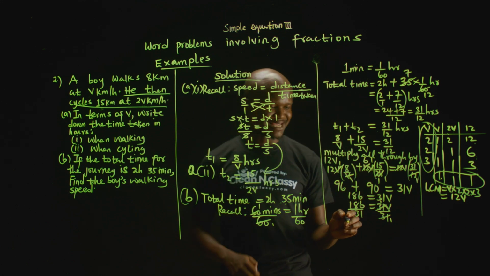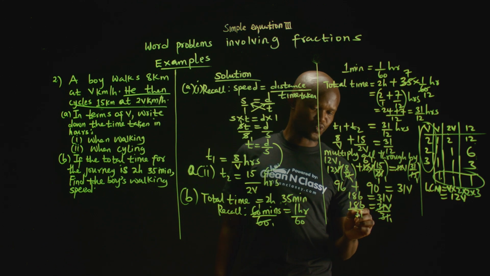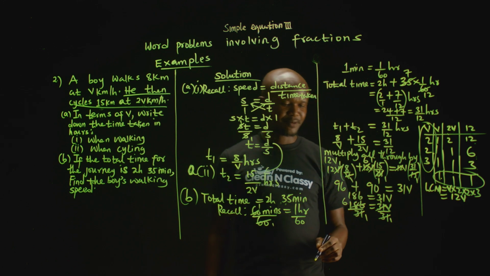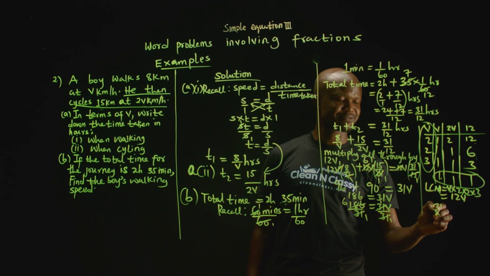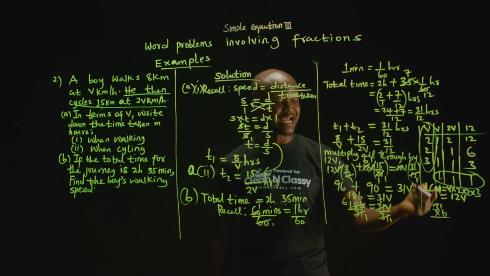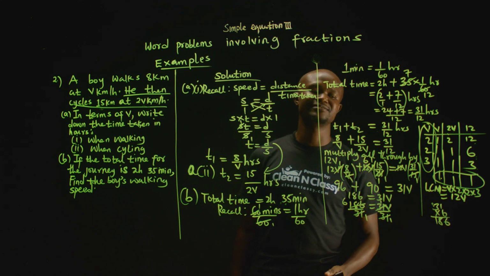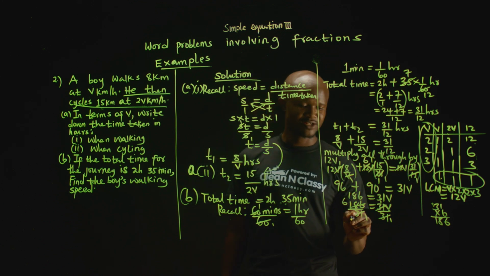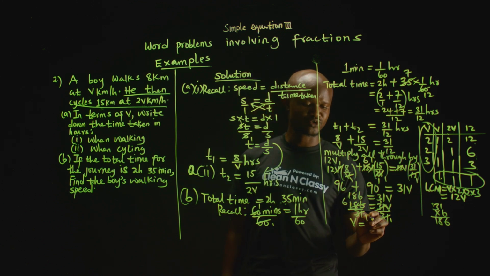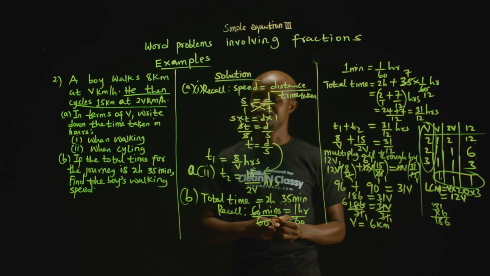So 186 divided by 31 will give us 6. Because if you look at 31 times 6, 6 times 1 we have 6. 6 times 3 is 18. So it means that 186 divided by 31 will give us 6. So V equals 6. That is the value of V.